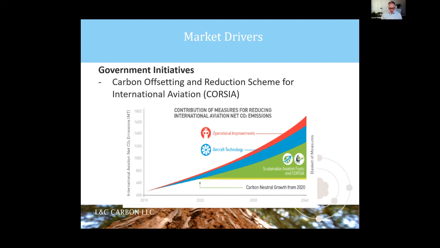The global airline industry got together and made some commitments to go carbon neutral growth from 2020 forward. You can do that through some operational improvements and some aircraft technology improvements. But there's a significant gap between what can be done there and what's going to need to be offset related to emissions from fuel and operations to operate the international airline fleet.